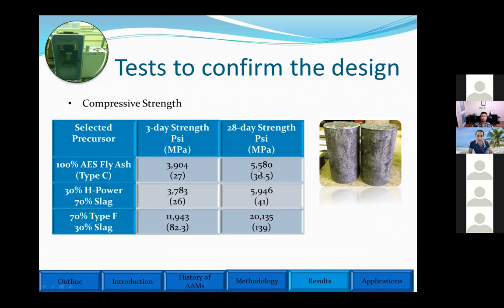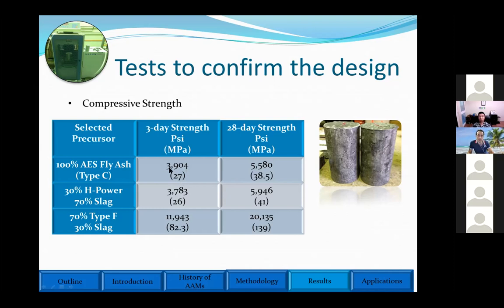You know that for structural concrete, after 28 days, we need around 4,000 psi compressive strength. And we could get this number after 3 days. So very fast. You can consider concrete repair, for example, or concreting in cold weather.